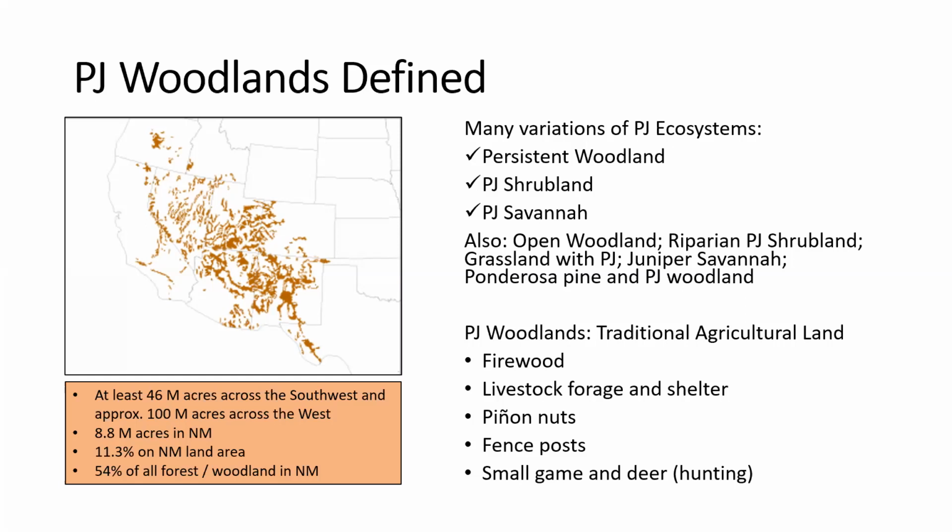The soils are typically coarse in texture, and these persistent woodlands are typically dependent on winter precipitation.